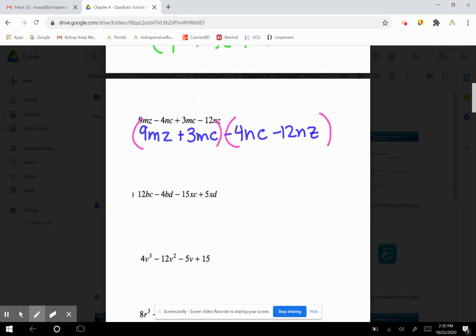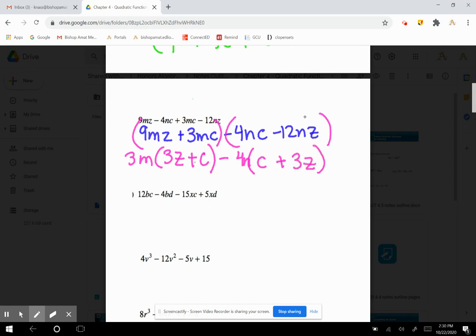So we can pull out a 3m on this one, so you're left with 3z plus c. And here, because this first one's negative, you're most likely going to pull out a negative number. You can pull out a negative 4n, so you're left with c plus 3z.